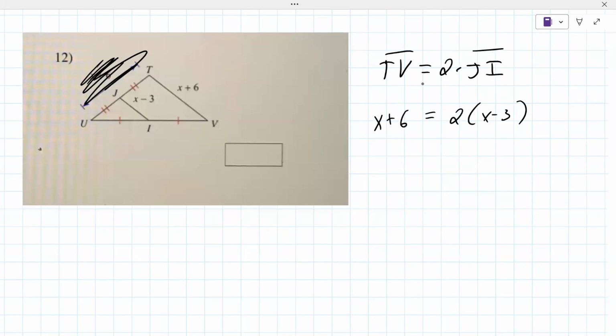Hold on, let me do that correctly. Okay, x equals 12.